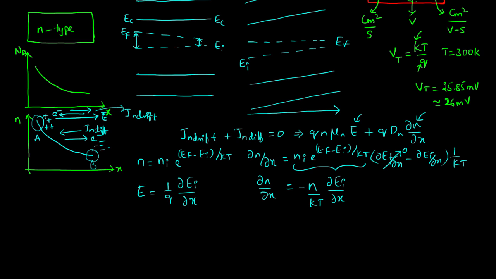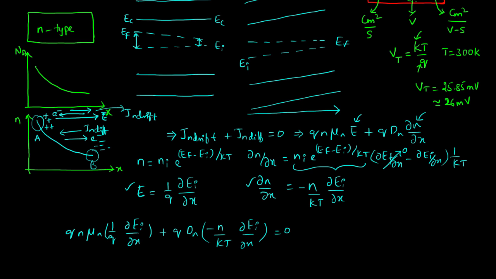So now let me take these two equations and substitute in this equation, so we can write this as q times n mu n times 1 over q times del Ei over del x. This quantity is nothing but the electric field, plus q times Dn times del n by del x, which is nothing but minus n over kT times del Ei over del x. This should be equal to 0.